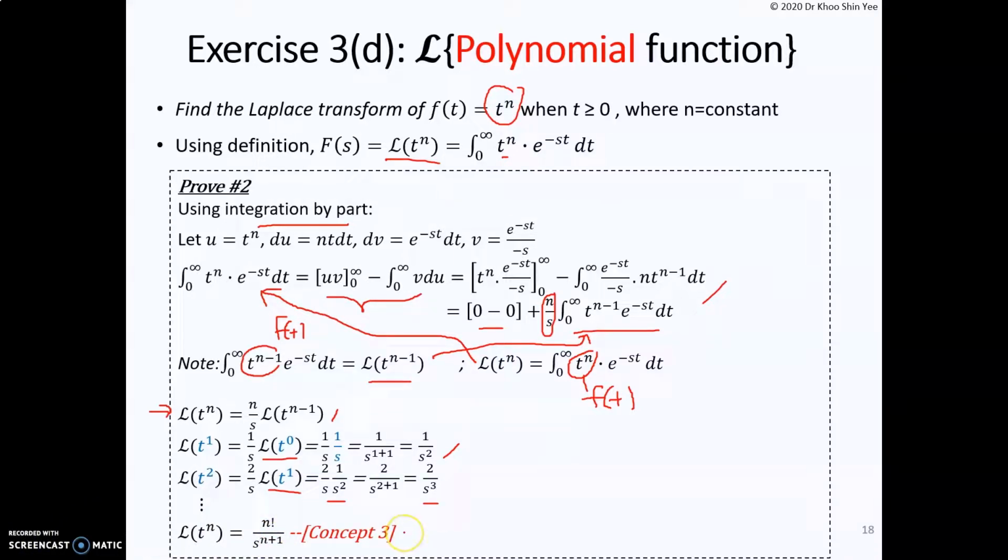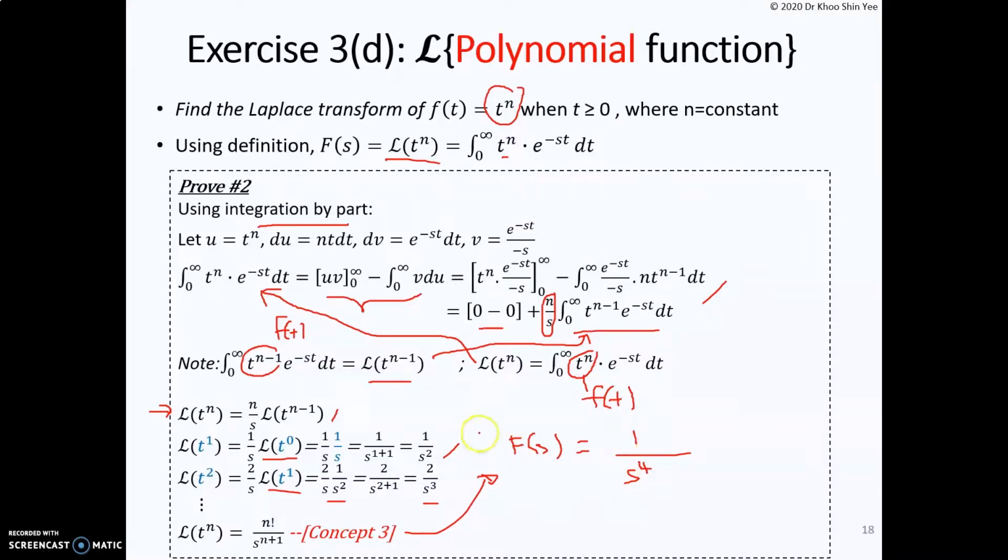The most important thing that you should know in concept 3 is, if you have a Laplace transform result F(s) equal to something with denominator s power 4, for example, let's say at the top is 1.